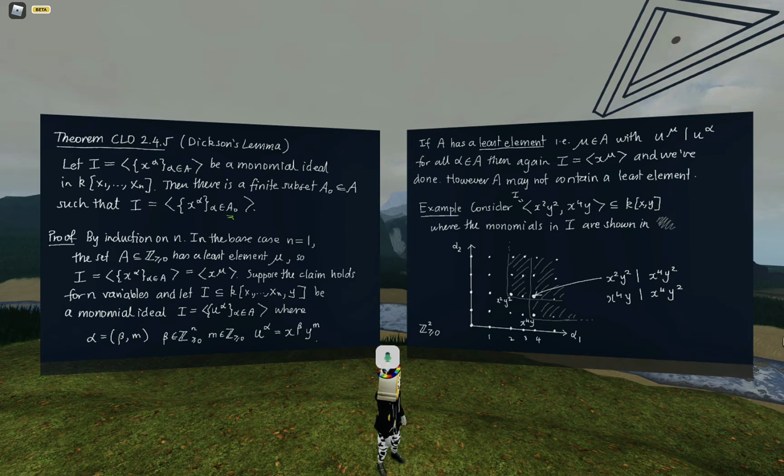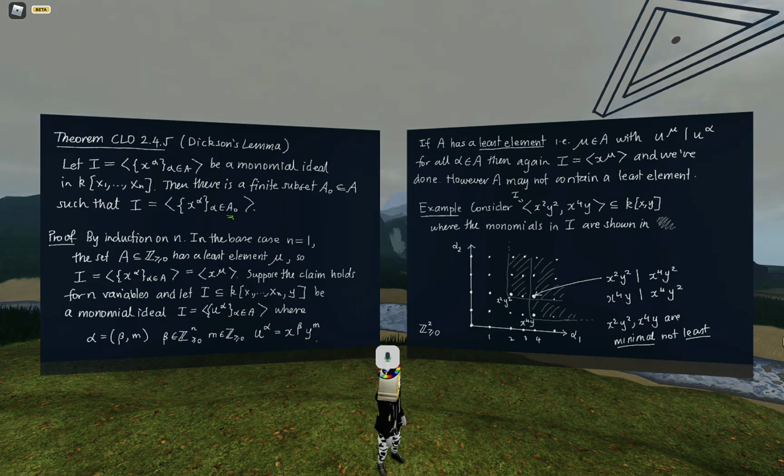Those two corners are minimal elements, in the sense that nothing is strictly less than them in that coordinate-wise sense. But neither of them is least, in the sense that they're less than or equal to everything else in the set of monomials.